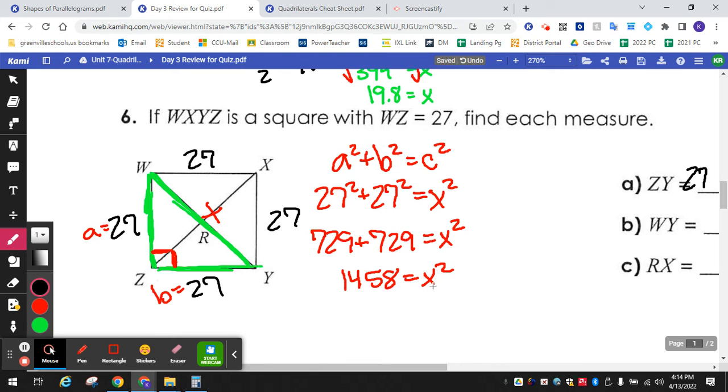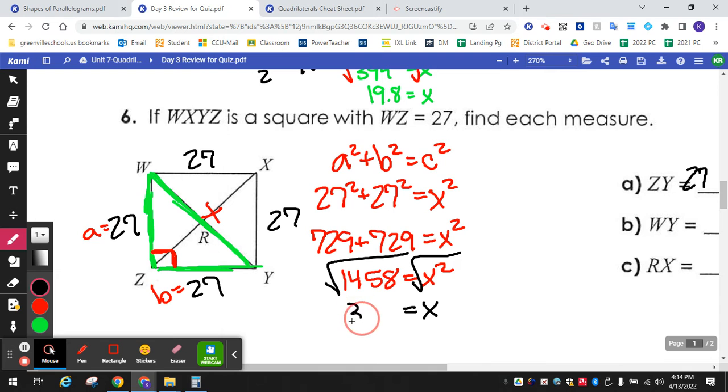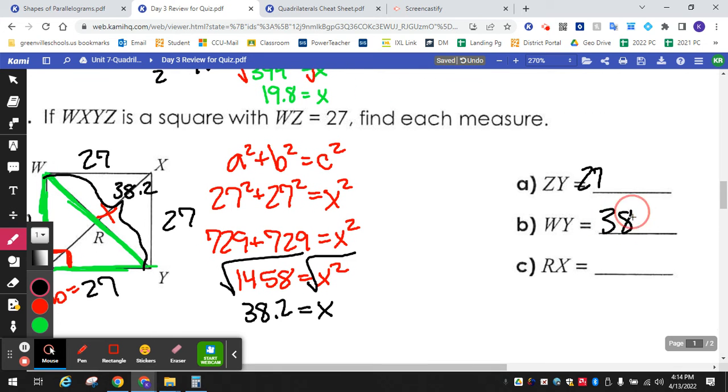To get rid of the squared, you take the square root of both sides. So the square root of that number is 38 point, or around 2. So the whole diagonal is 38.2. Okay. W to Y is 38.2.